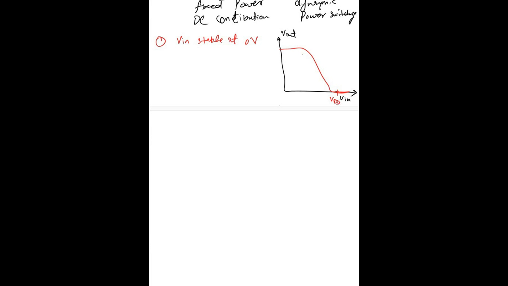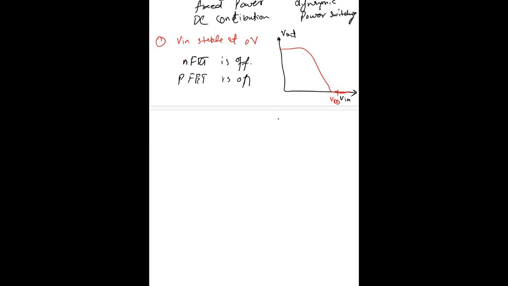So we can say that at this point our NFET is off and PFET is on. Our PMOS is conducting but NMOS is not.